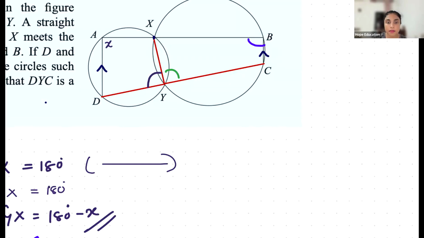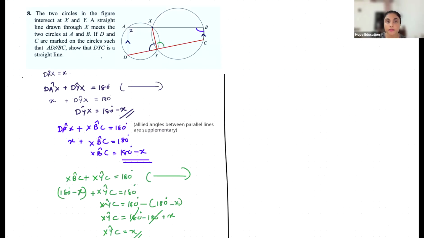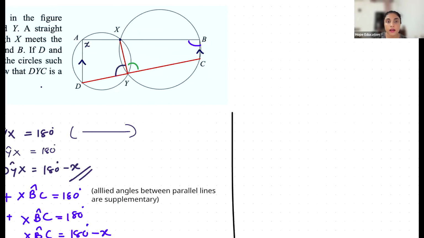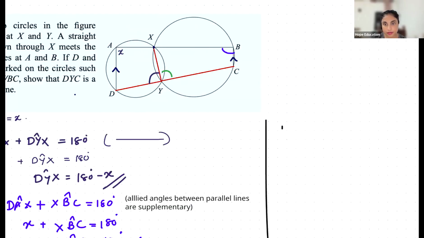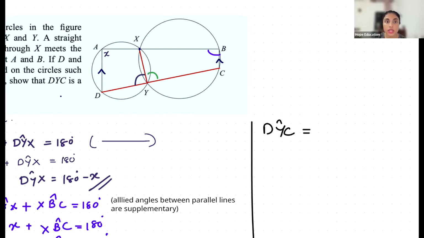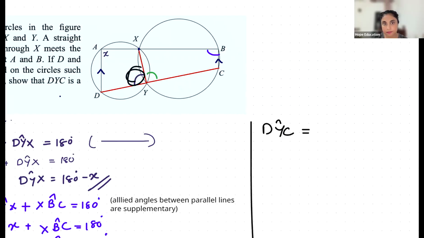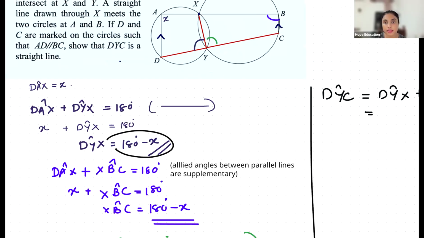Now this is easy. I will separate this and do the remaining part on this side. If you take this angle, it is d by x. Oh, I should take this straight line. The straight line is DYC. So the angle DYC is equal to DYX plus XYC. DYX, I said here, is 180 minus x.